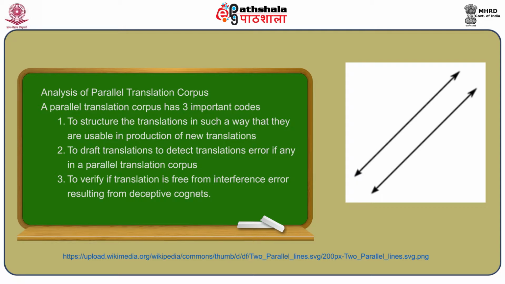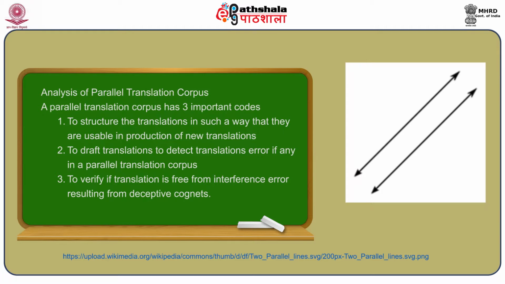First, to structure those translations in such a way that these are usable in production of new translations. We can mark out the bilingual correspondences between the source language and the target language texts.